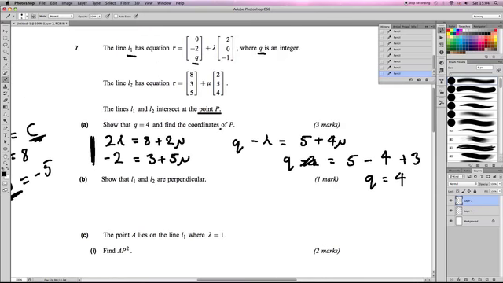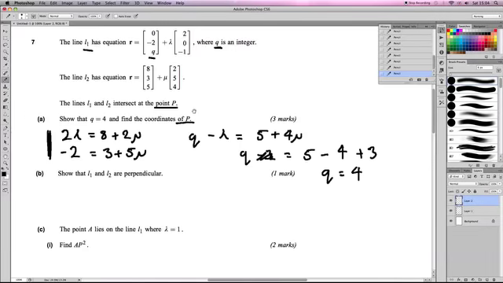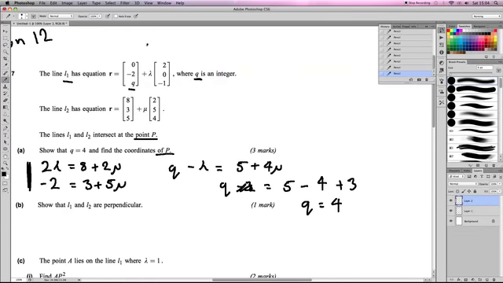So on the point P then, if I just use this one here, lambda is 3, so it's going to be 0 plus 6, and then minus 2 plus nothing will be minus 2. Now we've got 4 minus 3, so 4 minus 3 will be 1. So there are my points for P.